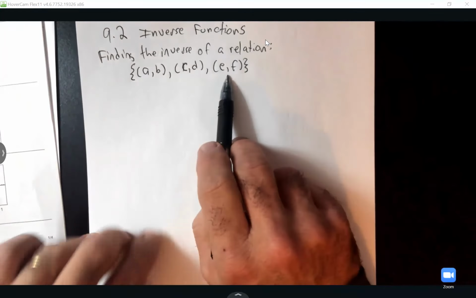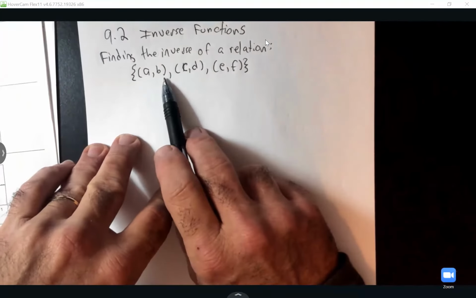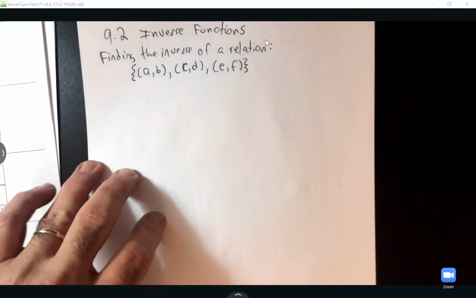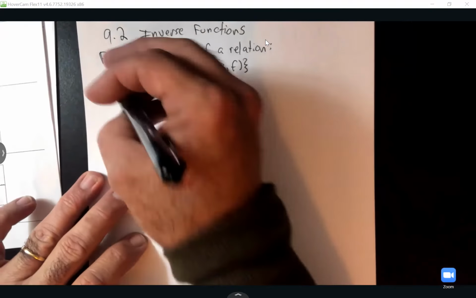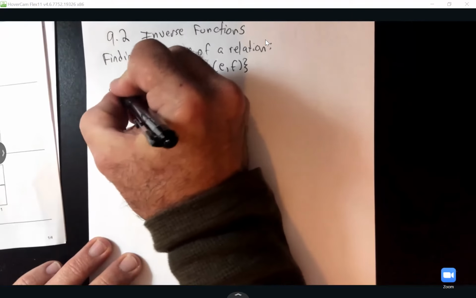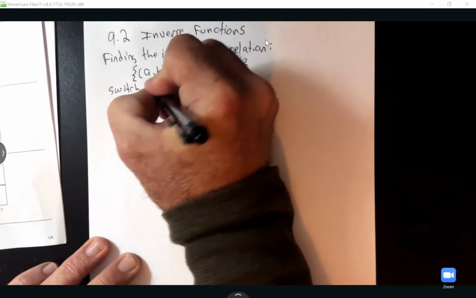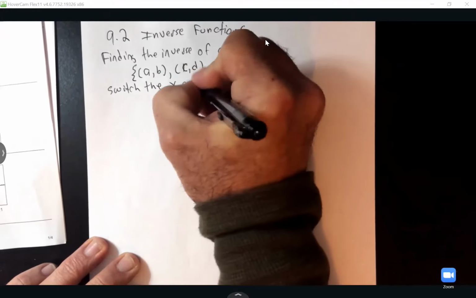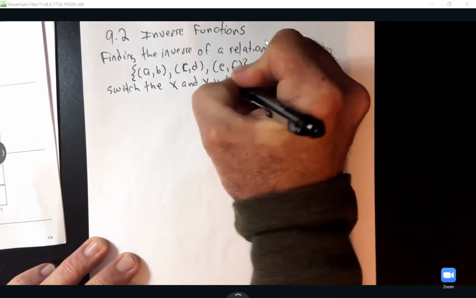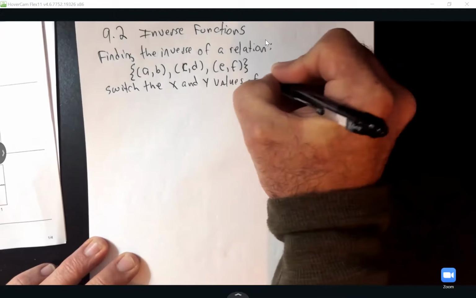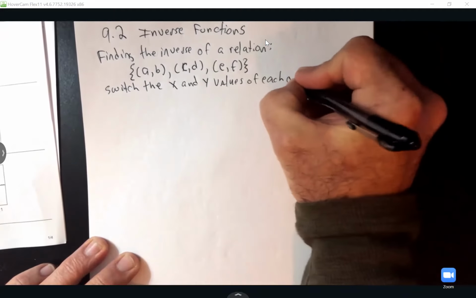So say I got a set of ordered pairs. This is what they're considered a relation. So to find the inverse of this relation, we switch the X and Y values of each ordered pair.